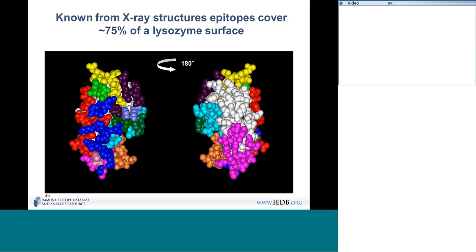If you look at that, except for this white area which doesn't have antibodies in PDB, all other parts of the protein can be recognized by some antibodies. So we can say that lysozyme has many epitopes, so multiple epitopes.